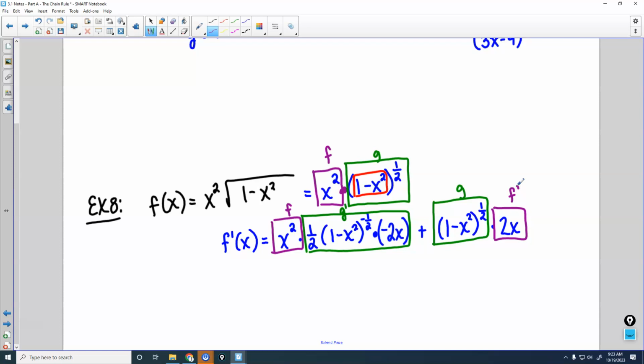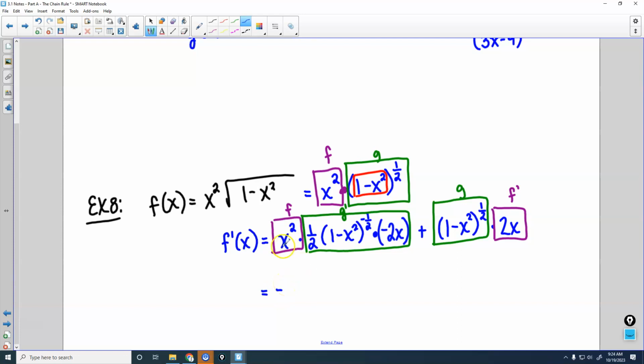Now, simplifying this sort of stuff is where it can really become difficult, and there's a few ways to approach it. Before I even think about anything else, I need to clean this up a little bit because everything here is multiplied together. I need to try to put together anything that I can combine. So the x squared, the 1/2, and the negative 2x, those can all be put together. So a 1/2 times a negative 2 is just going to give us a negative 1.